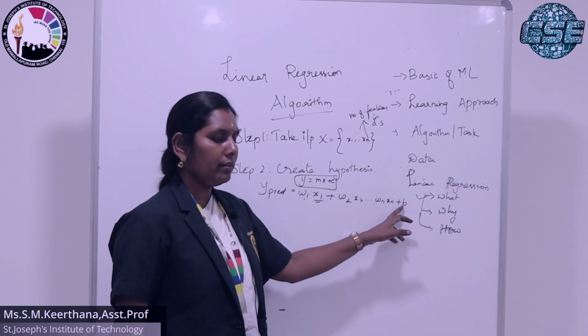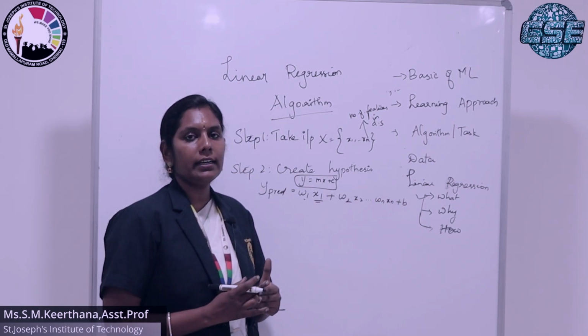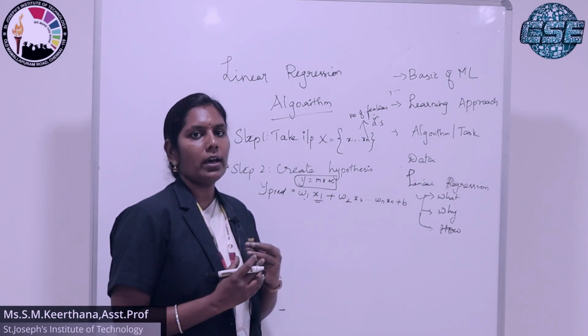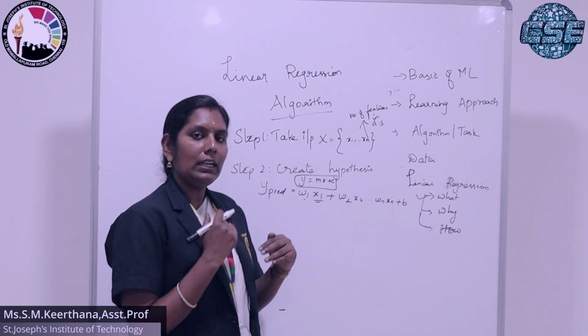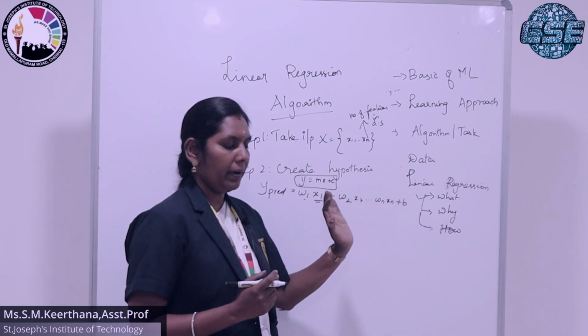Why do we need to add bias to this particular equation? When we handle real world data, we don't get pure data. There will be some noise and errors in this particular model. So to make the model learn the errors during the training itself, we are adding the bias.